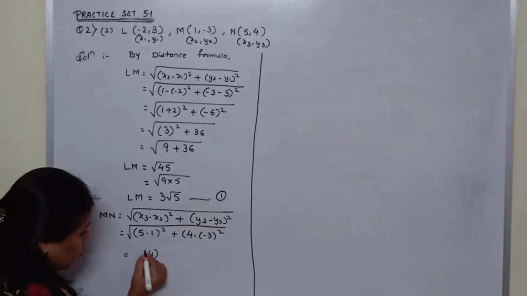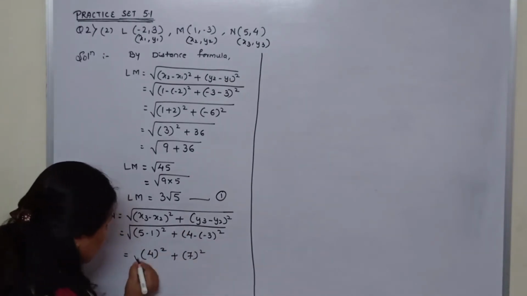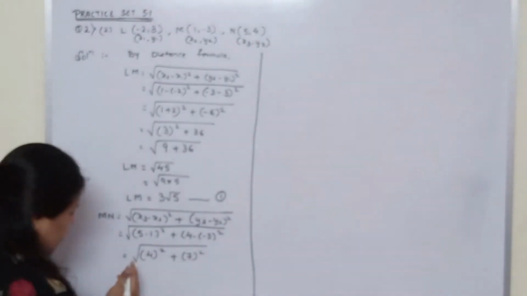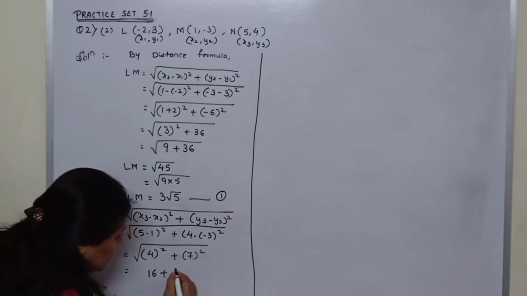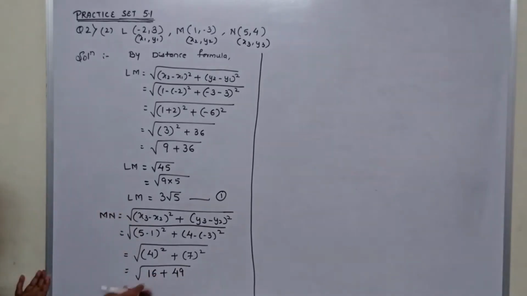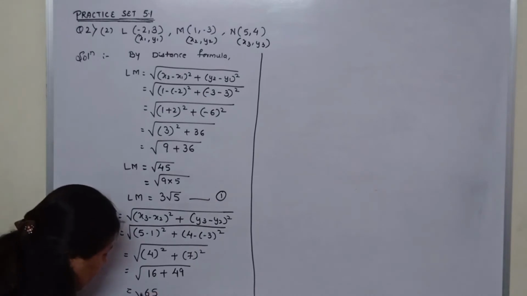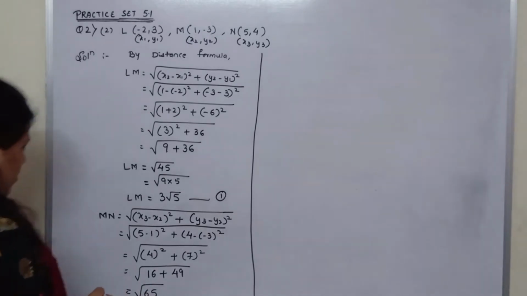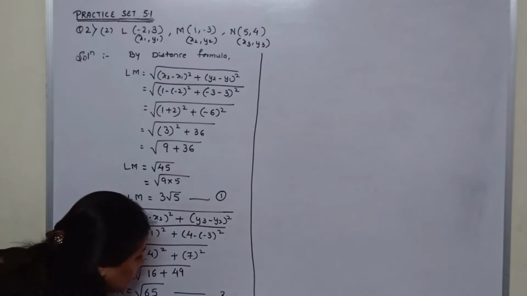Plus 4 the whole square plus 7 the whole square. 4 minus minus 3 is 4 plus 3, that is equal to 7. 4 4s are 16. 7 7s are 49. That is equal to what? 49 plus 16 is 65. So MN is equal to root 65. Here only I will write MN equals root 65. That is your equation 2.